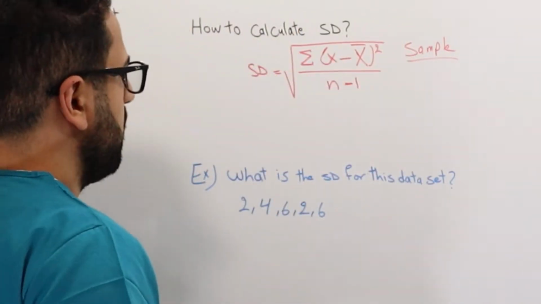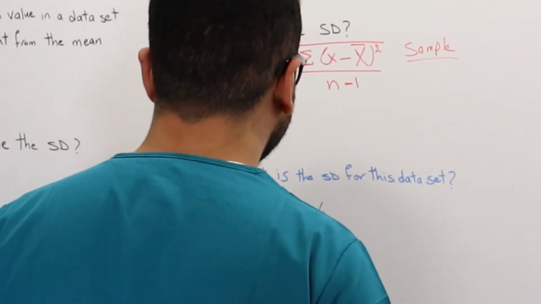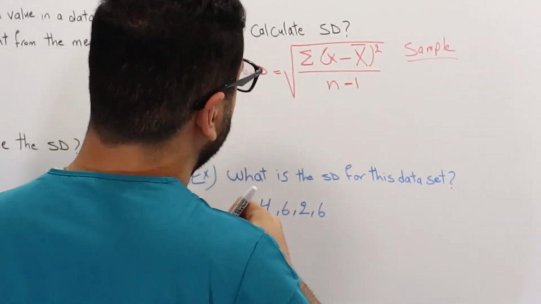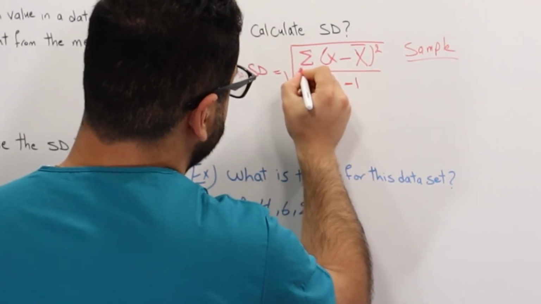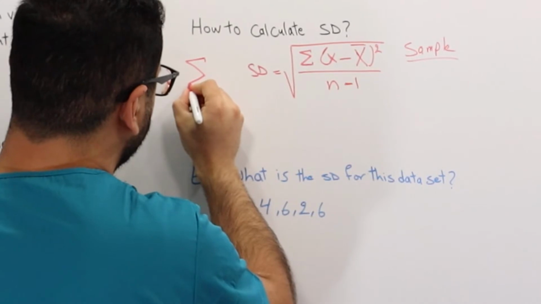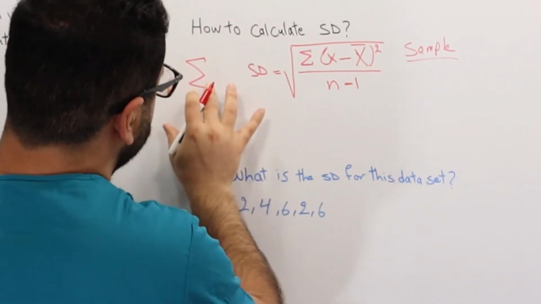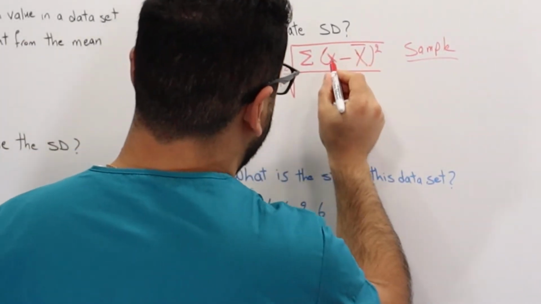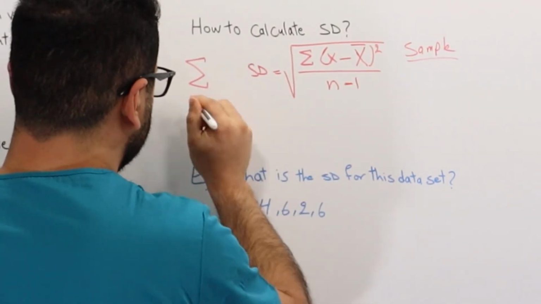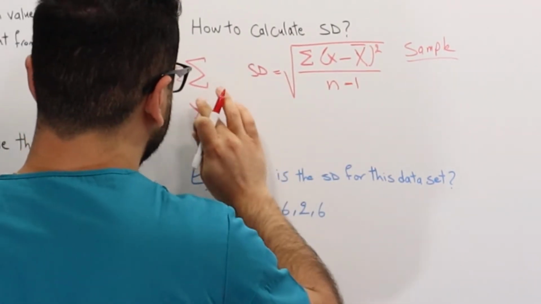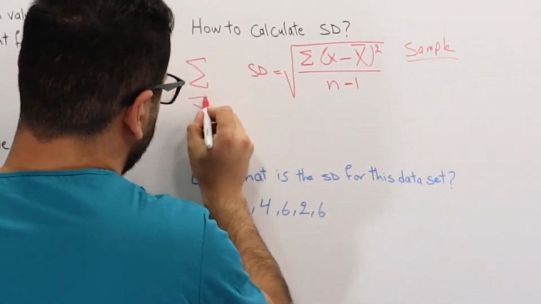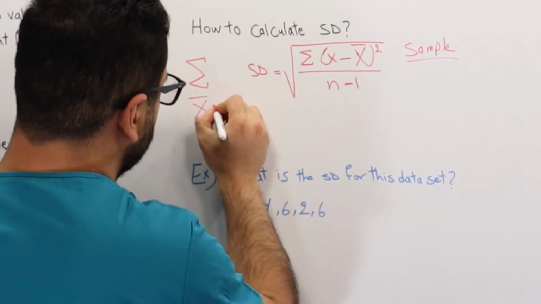So what does each of these components mean? First of all, this sign over here means it's a sum. This x with a bar is the mean.